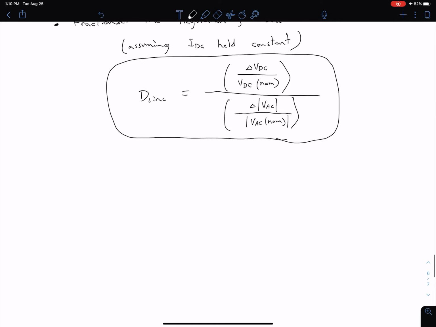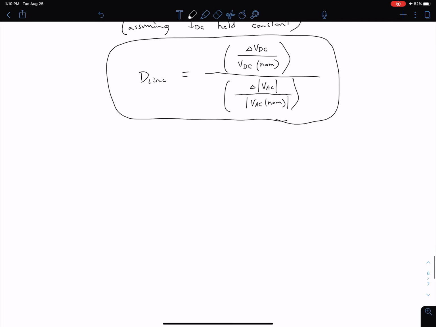Okay, so let's look at just a brief example to help see how we would use this. So let's say, as our example here, we have some DC output which averages 5 volts. So that would be our nominal value.